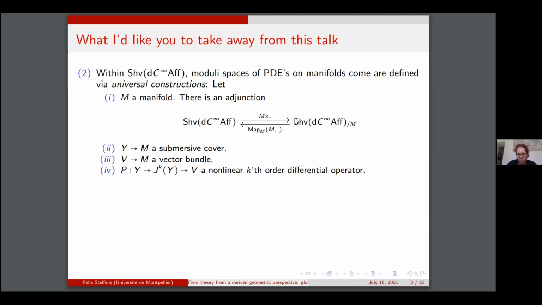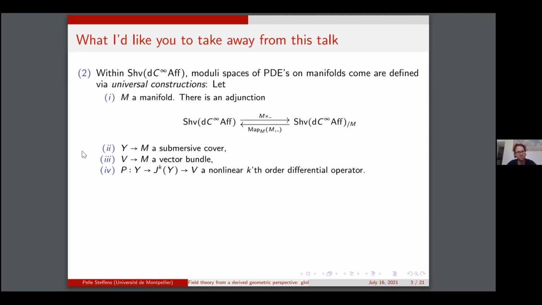Taking products determines a functor to the slice category. So this is where things live which have an error 2m. And this map turns out to have a right adjoint. And this is instantiating, taking sections of things that live over here.